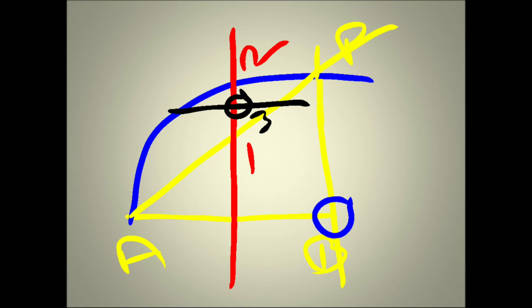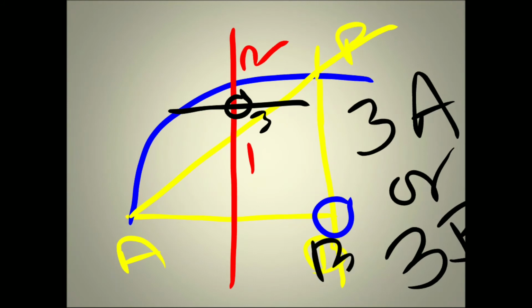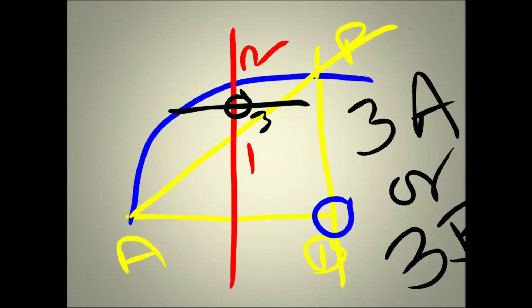Then what will be the radius? The radius will be the distance between point 3 and point A, or the distance between point 3 and point B. This one, 3A or 3B.